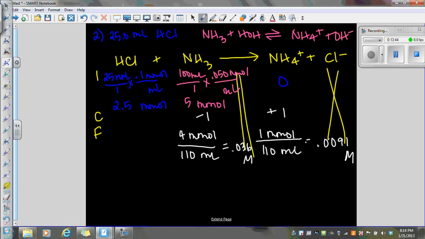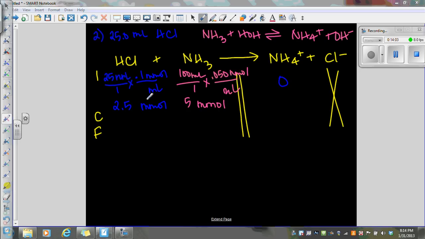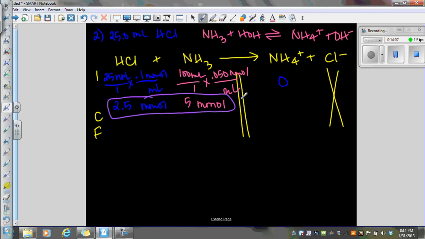So I need to get rid of all this because we have a different amount now. I have half as much strong acid as I do base. So I am at the halfway point, if you remember that from the weak acid, strong base slide.